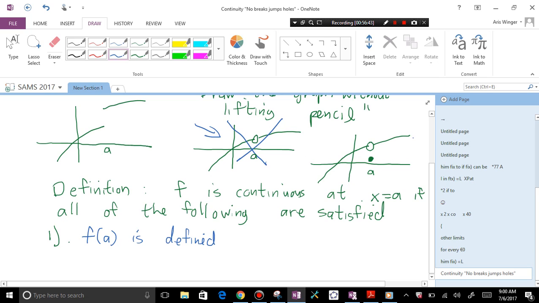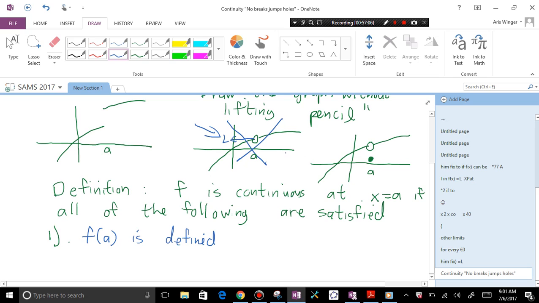For every x there is. That was true of this one, right? The limit from the left is the same as the limit from the right. It's L. Yeah, but for some reason, that's still not continuous.